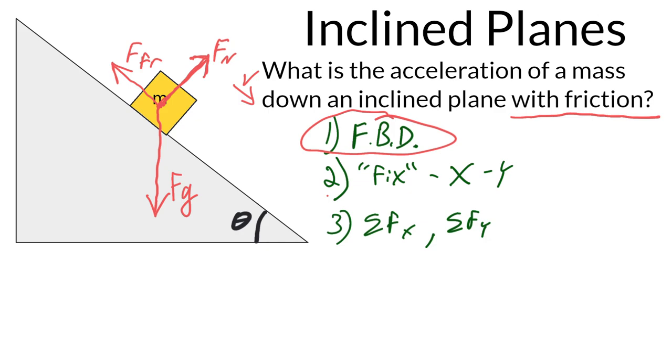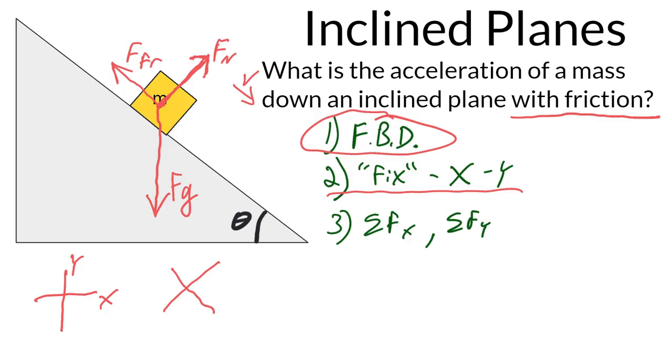Step number two, we're now going to fix this. Now for this one, oftentimes in problems we fix the forces. In this one, we're actually going to change the whole coordinate system. So if we're used to a coordinate system where horizontal is X and vertical is Y, what we're going to do is actually rotate our coordinate system.